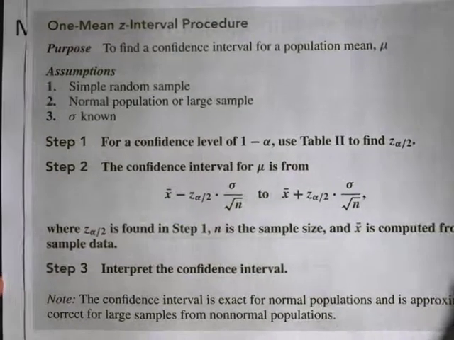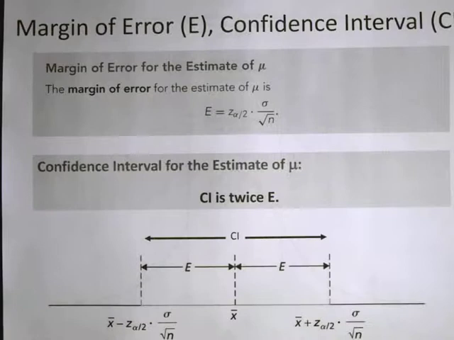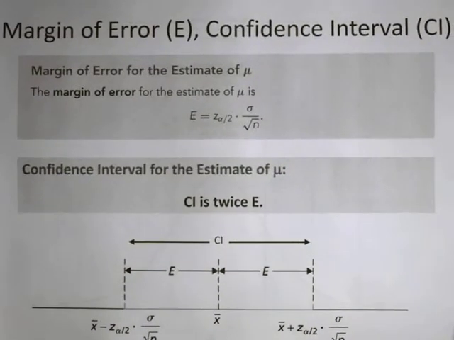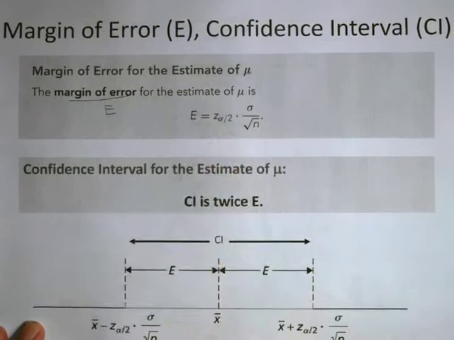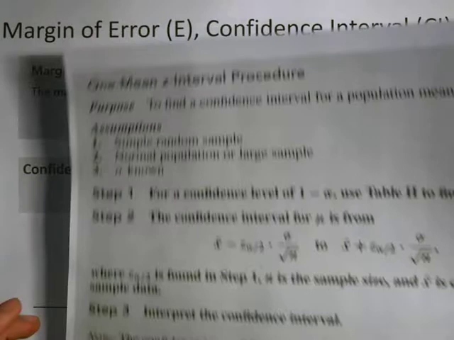So let's do another example. Oh, before we do another example, just to put a little bit more stuff in here. The margin of error, your book writes this as an E, is this thing that makes our confidence interval.